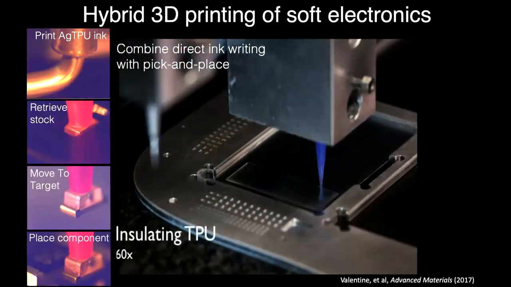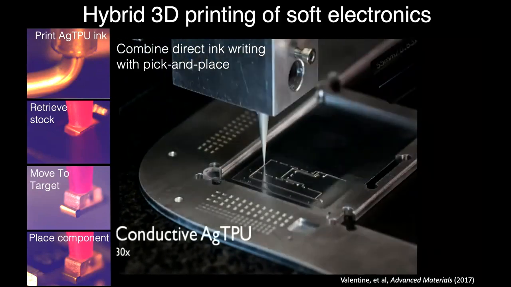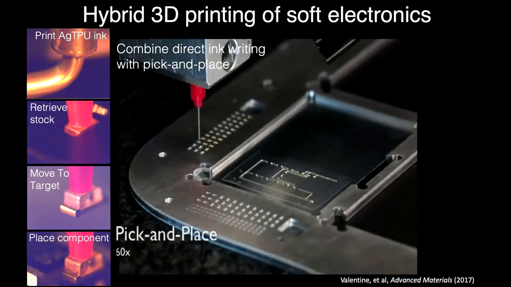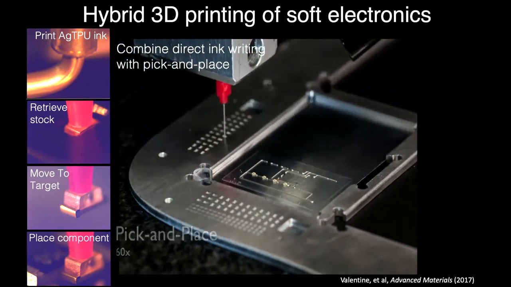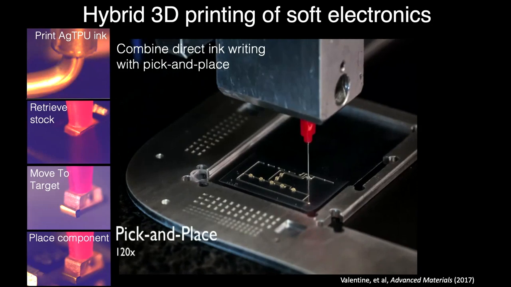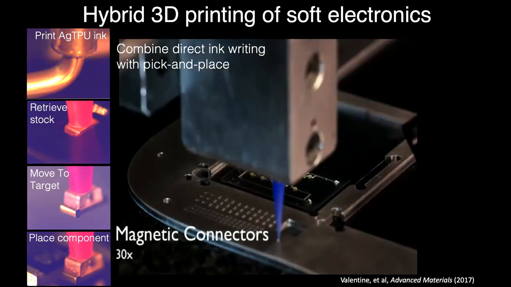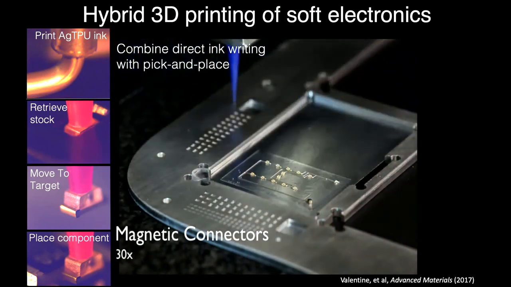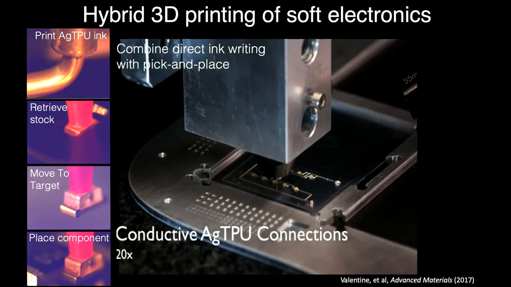So here's an example of printing a soft electronic device. First, we put down a substrate. This is sped up quite a bit. The other features that you see are silver lines, these conductive inks that I just presented. Now we're using the printer in a sort of interesting way. We're picking and placing discrete components. We're putting down connectors. And then ultimately we can pick this thing off the printer.